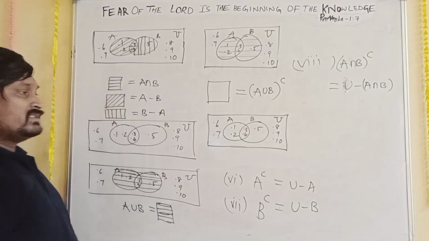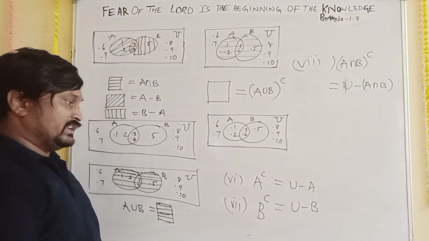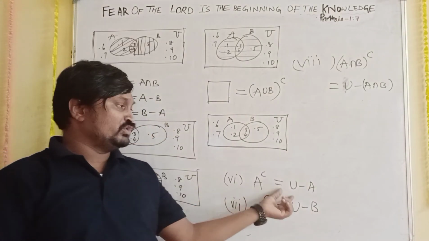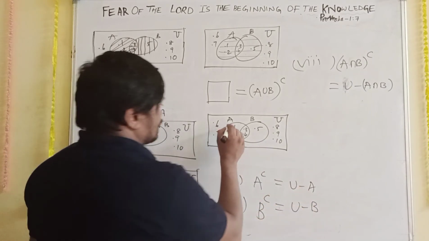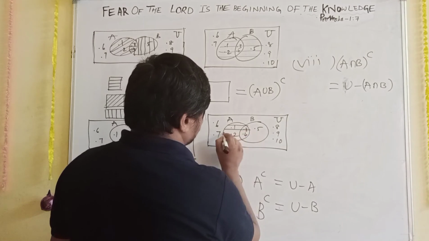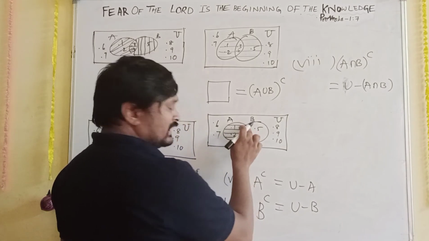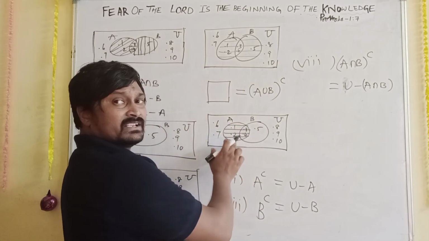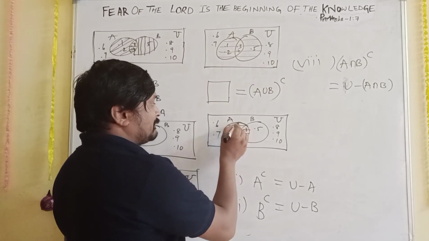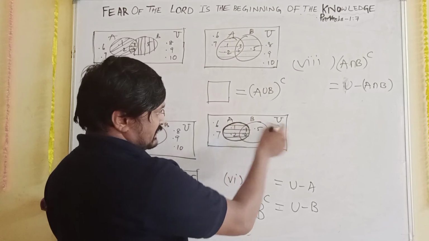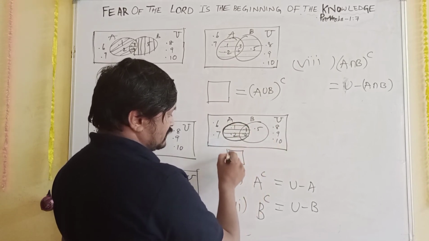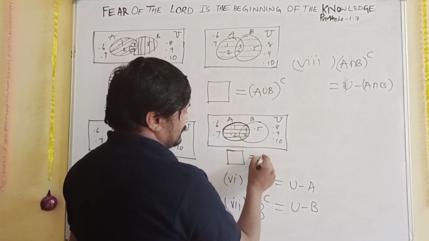Right? So now observe carefully what we need to do. A complement means U minus A, meaning A needs to be completely removed. So completely this A, along with the intersection part also. So this A part needs to be removed. So whichever empty space is there, that is your A complement.